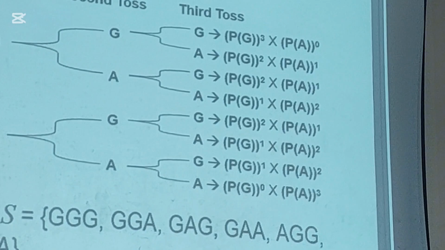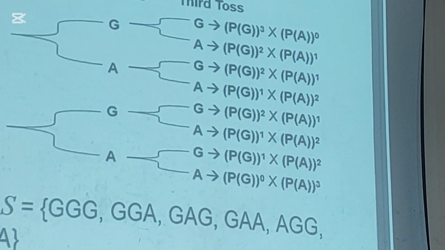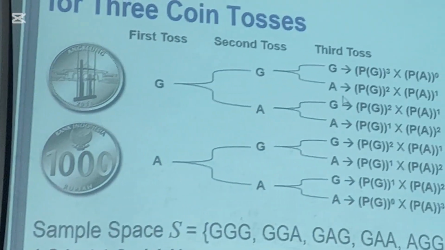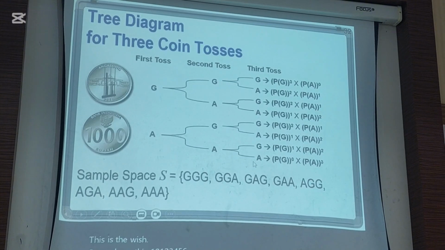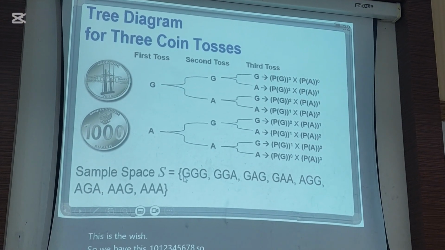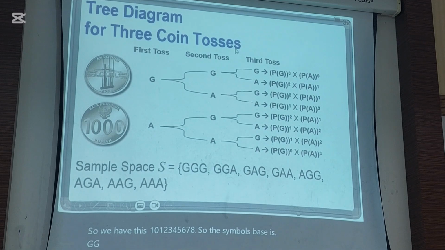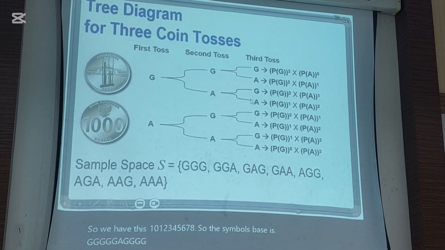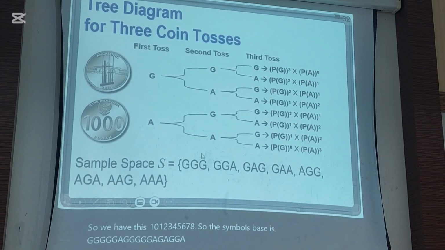This is the width. So we have this one: 1, 2, 3, 4, 5, 6, 7, 8. So the sample space is G, G, G, G, G, A, G, G, G, G, G, A, G, A, G, G, A, A, and so on.